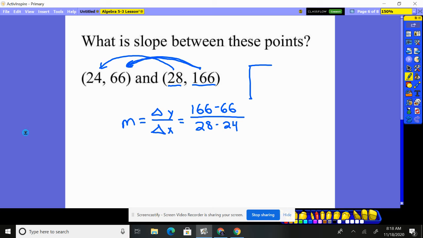It's just saying, hey, wherever you start, if you start with this Y, you have to start with that X when you do the subtraction. So here, what do we get? 100 over 4. It's a slope of 25. That's pretty daggone steep. You could not walk up that at all. That would be impossible. We also know it goes up to the right. So if I did graph the point 24, 66 and the point 28, 166, it would be going up to the right.